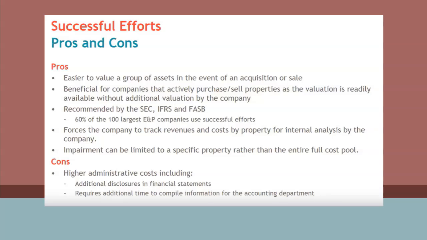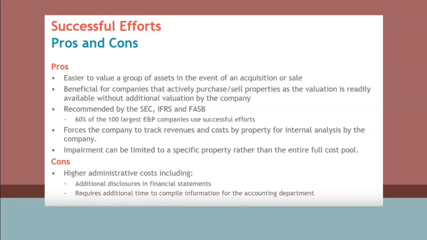Another pro is that it forces the company to track the revenues and expenses by property, which provides a better internal analysis to determine how the properties are doing. Additionally, in situations where there is an impairment, it can be limited to a specific property or field rather than the entire cost pool.